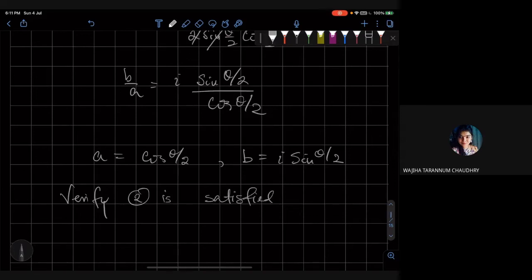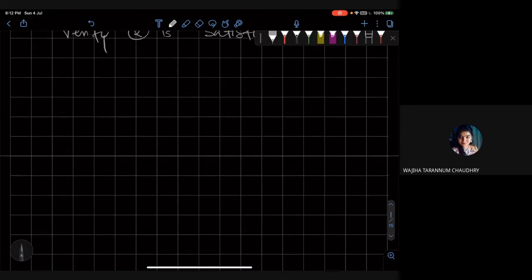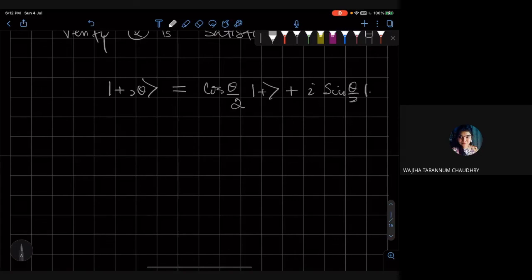I'm going to leave that as an exercise. Thus we have that our state plus theta is cosine of theta/2 plus, plus i sine of theta/2 minus.